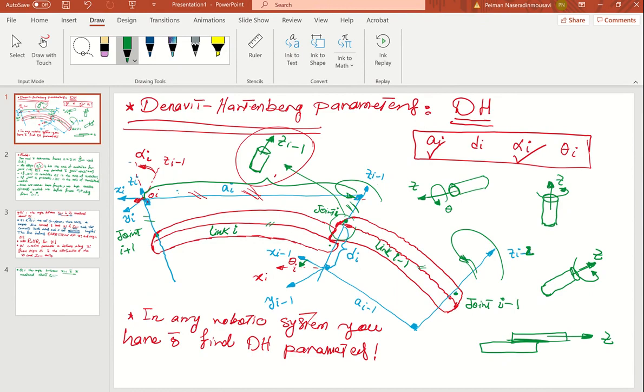So the angle between them is theta i. This is the third Denavit-Hartenberg parameter, sorry, third.